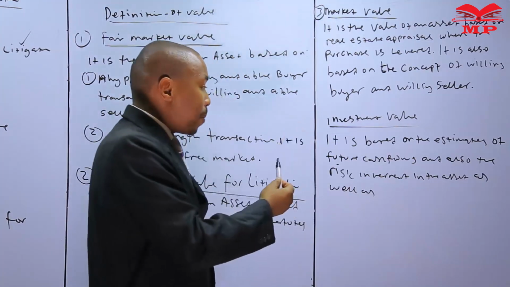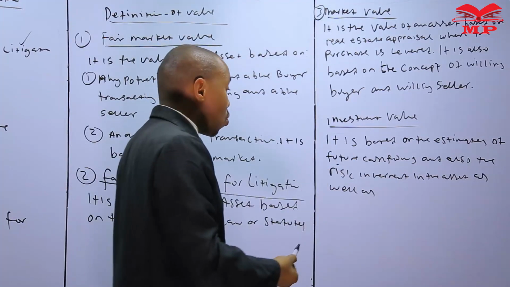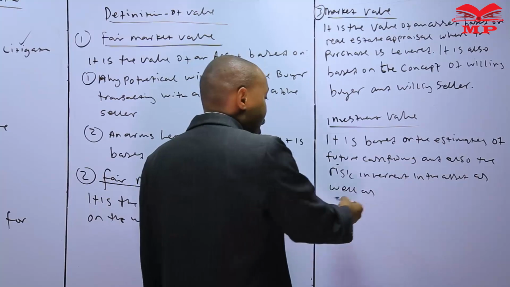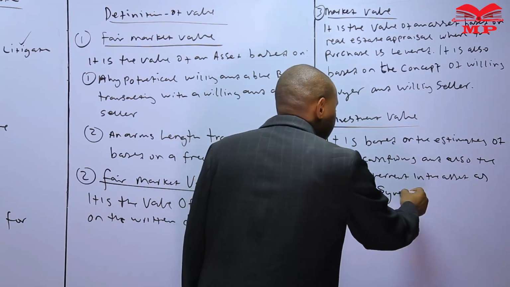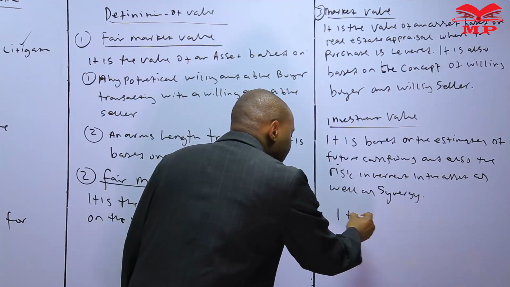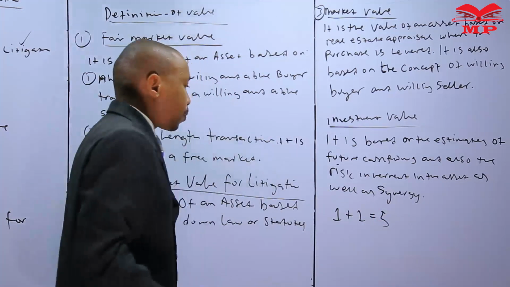The combined firm effect will produce an output that is much more than the two independent firms remaining apart, as well as synergy. So we're saying 1 plus 1 should equal 5.